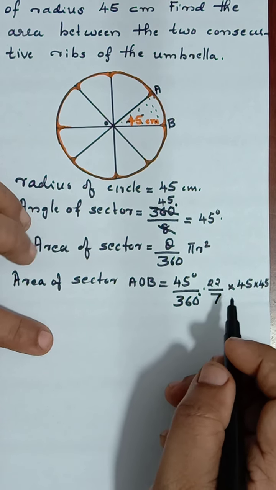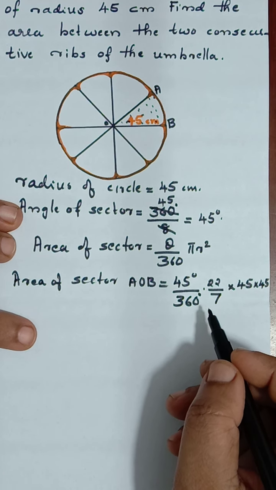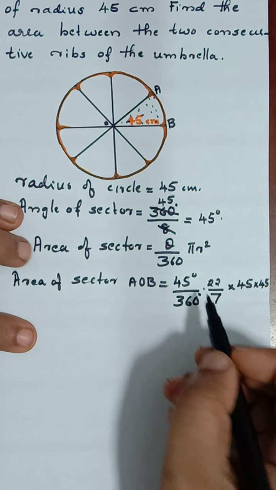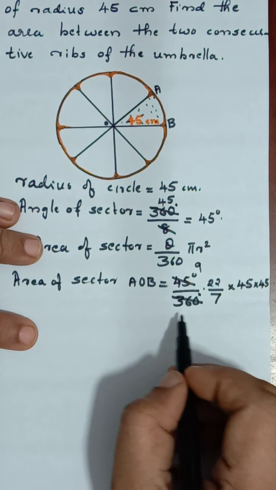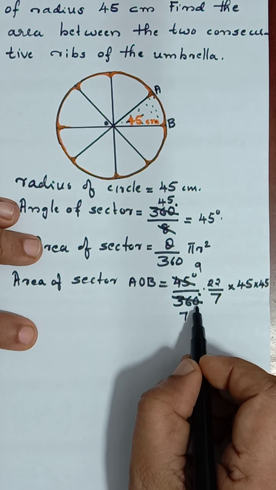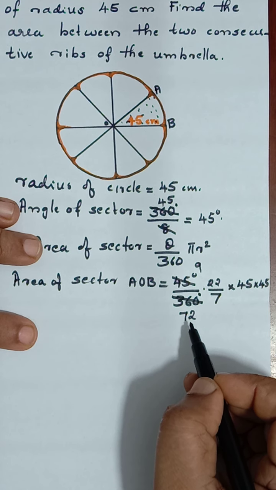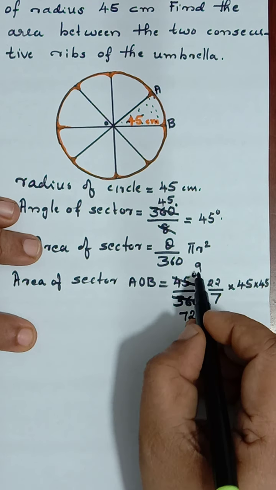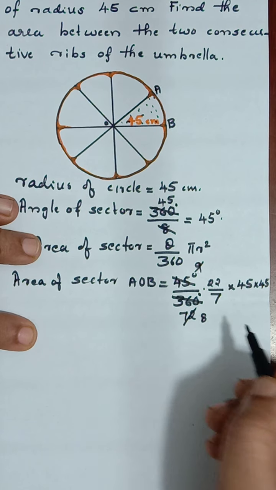Now we have substituted all the values, we will be dividing it. By 5 we can divide, 9 5s are 45, and 7 5s are 35, 2 5s are 10, so 9 by 72. Now with the 9 we can cancel, 9 8s are 72.